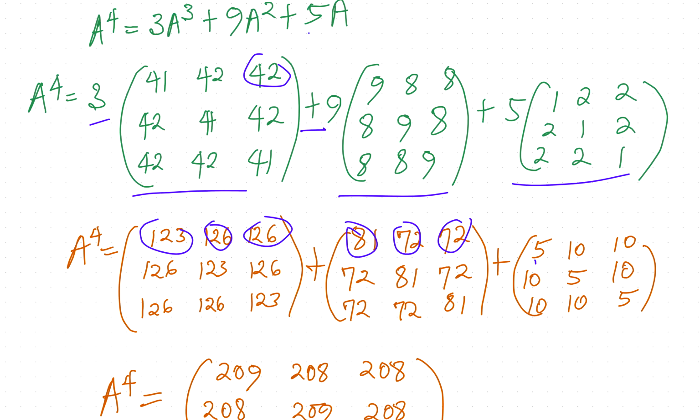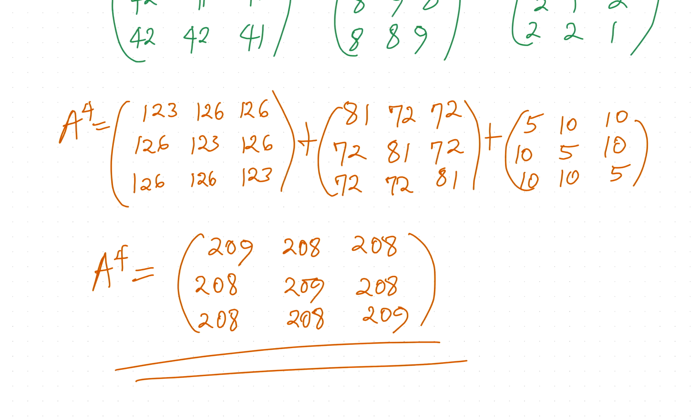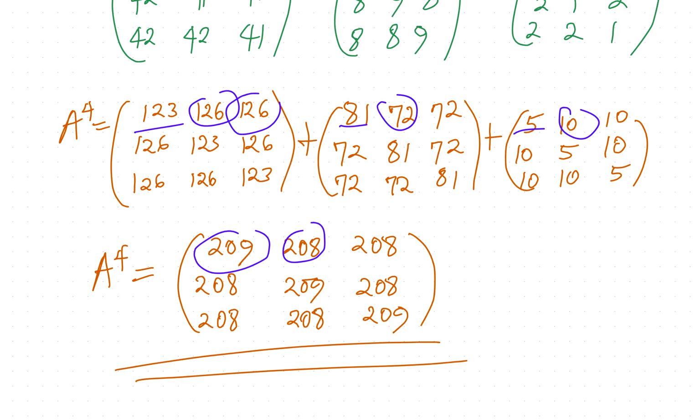Just tidy up all that, and then add up all these terms. 123 plus 81 plus 5 is 209. 126 plus 72 plus 10 is 208, another 208. If you do all that, you get all these values right there. So that is your A raised to power 4.